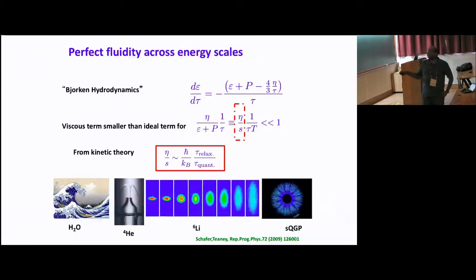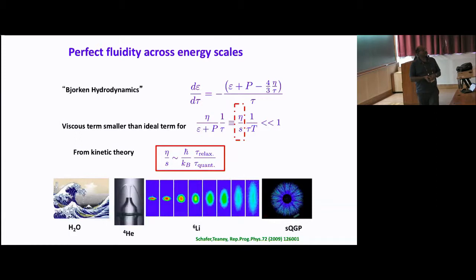So it's completely irrelevant what eta over s is in that case. It's a highly turbulent system that one has in the early universe. But in a heavy ion collision, rather remarkably, eta over s is what really controls whether hydrodynamics is applicable or not, and the measure of that is that it should be much less than 1.